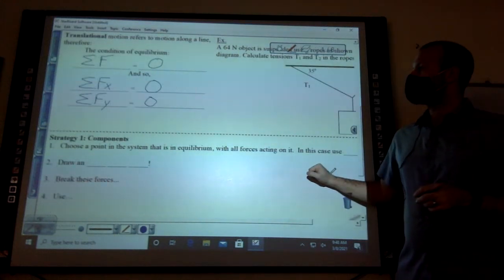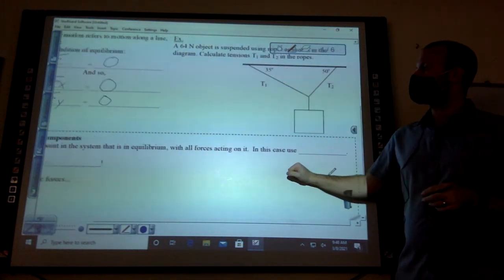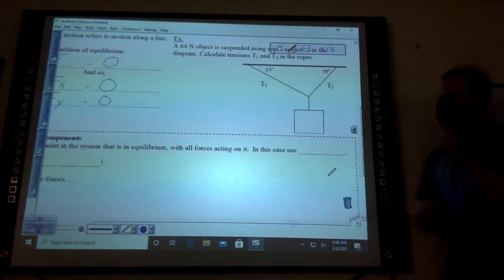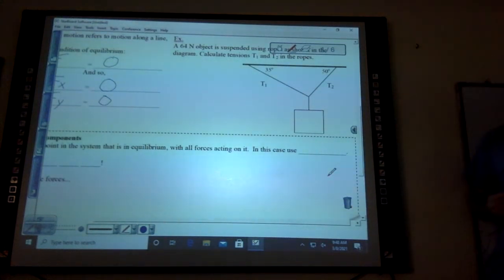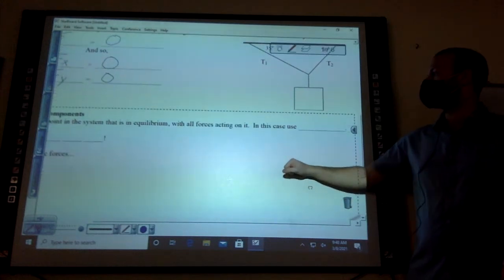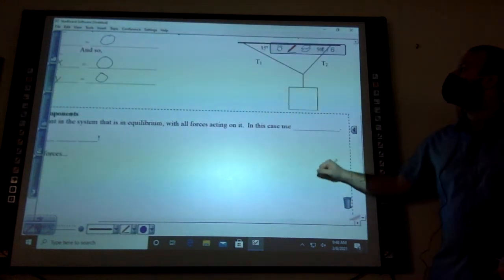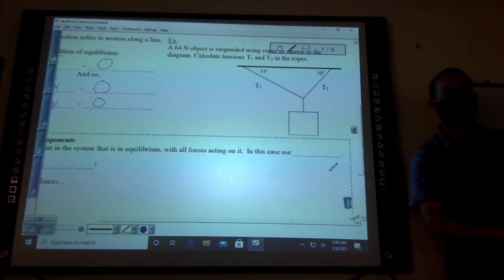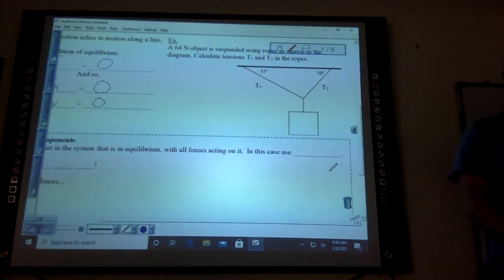So the first thing I want to do, pick a point in the system that is in equilibrium, where all the forces are acting on that one point. So taking a look at our situation here, where is a point where all three forces are acting? Force of gravity and two tensions.